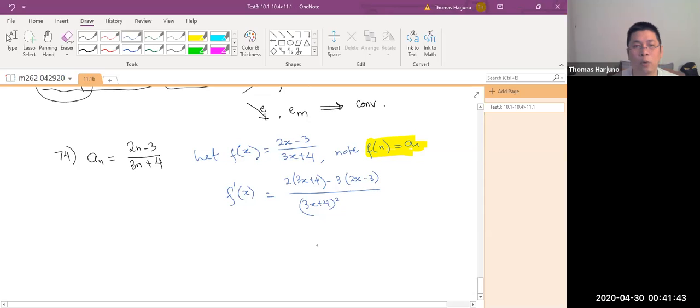The bottom one is always positive for any x, except when x equals negative 4/3. But the top one, I will get 6 plus 9, that's 15. Now this is strictly positive for x greater than or equal to 1. Is that right?